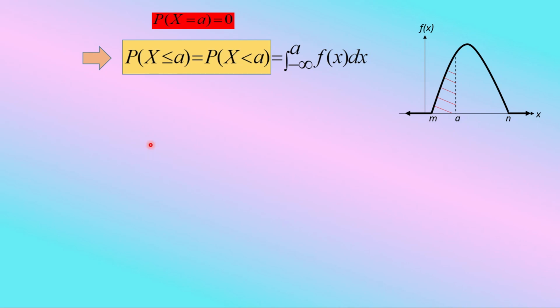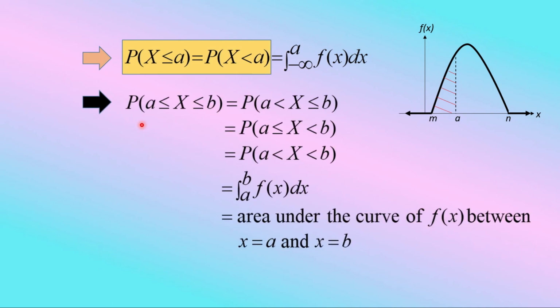The last property of the probability density function, or PDF, is that the probability of random variable X from a to b is equal to the probability X from a to b not including a, and also equal to the probability X from a to b not including b, and equal to the probability X strictly between a and b.